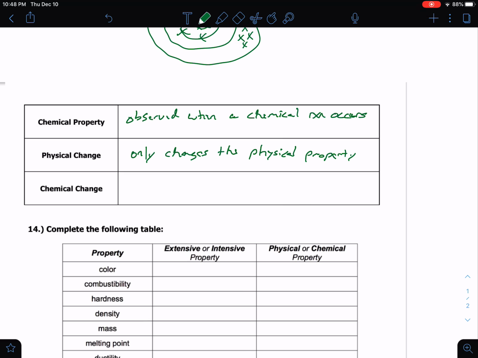It's still water before and after. And then a chemical change is when we actually rearrange into a new substance. So that means it changes into a new substance.